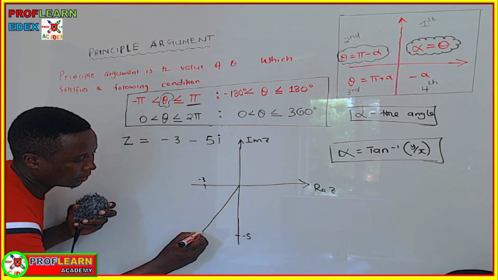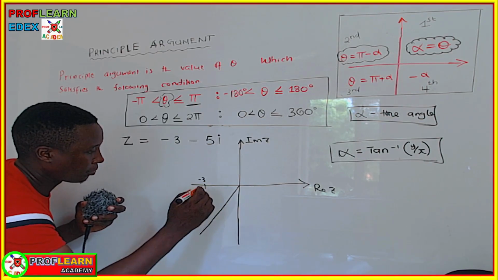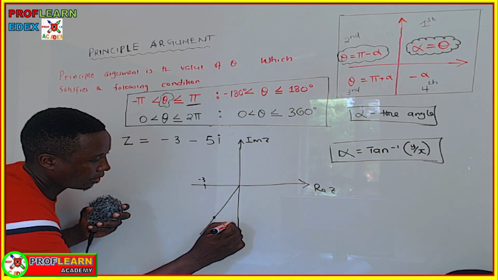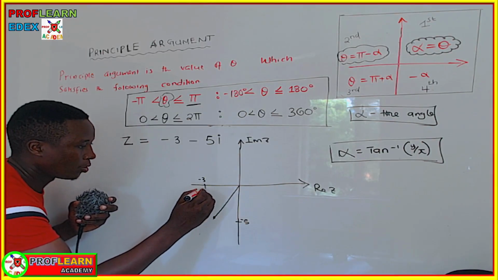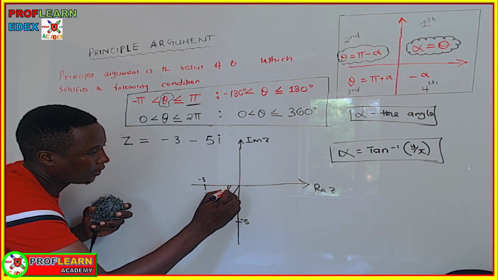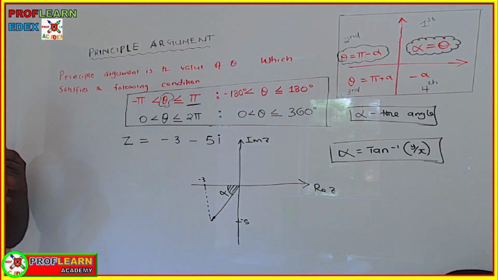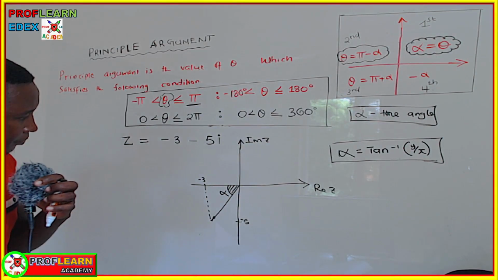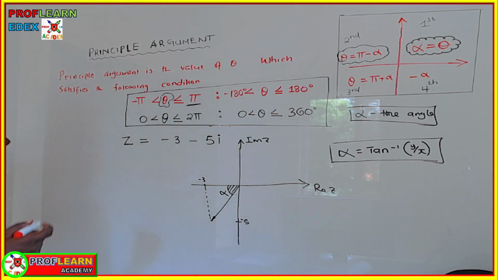Let me draw it properly. So you can see the angle alpha will come here. First we need to work out the value of alpha.